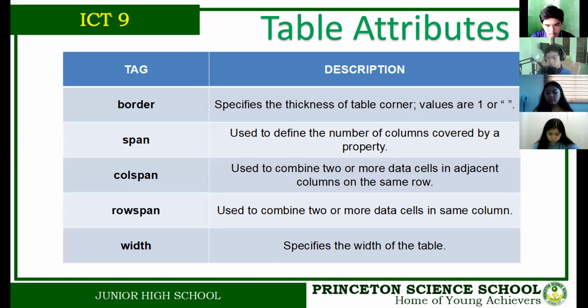Values are 1 or 0. Because earlier, someone asked, she tried putting the value of the border as 100. Is it correct?